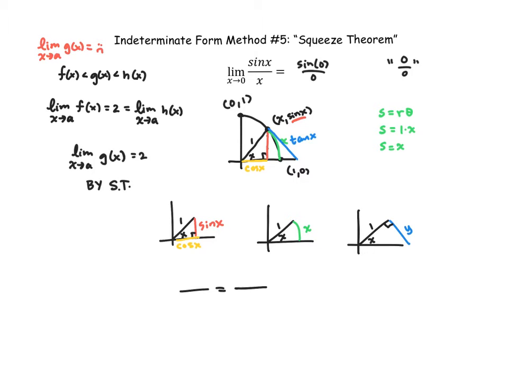Cosine is proportional to 1 in the same way that sine is proportional to y. Now if I were to solve for y, I end up getting sine x over cosine x, which is tangent. So y is equal to tangent x.